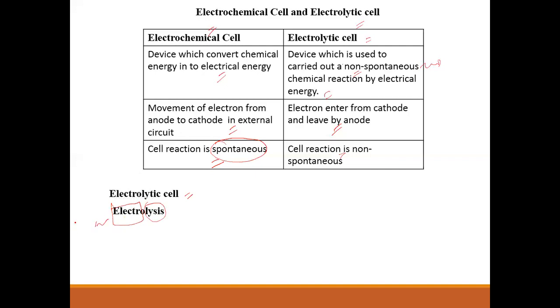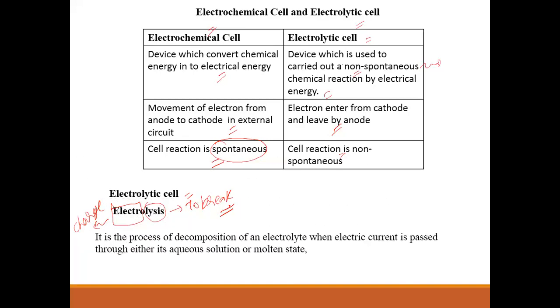Electro means charge and lysis means to break, meaning any substance which can break into charges. That is the electrolyte, and the process is electrolysis. So what is electrolysis? It is a process of decomposition of an electrolyte when electric current is passed through either its aqueous solution or its molten state.